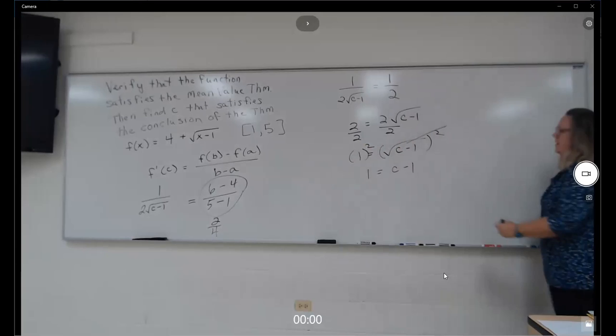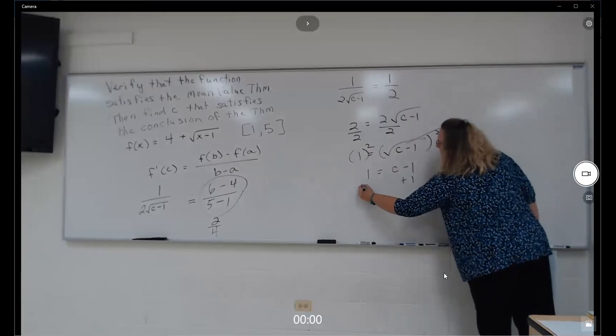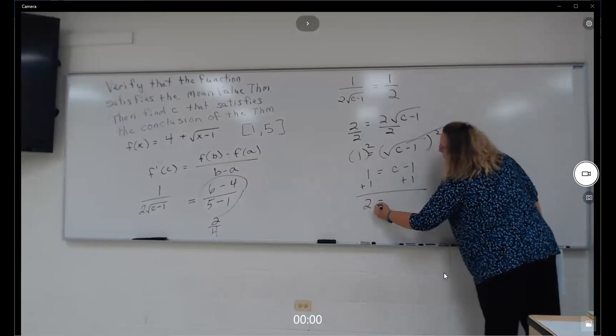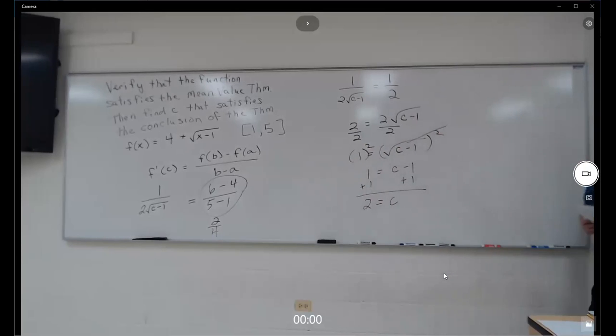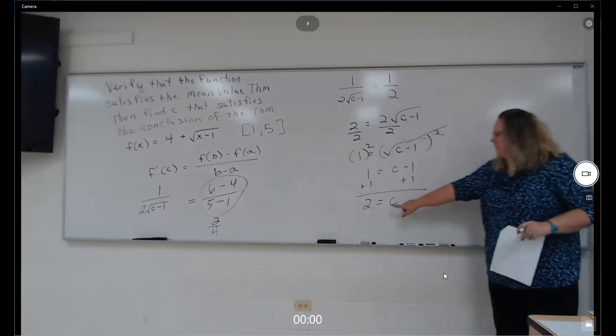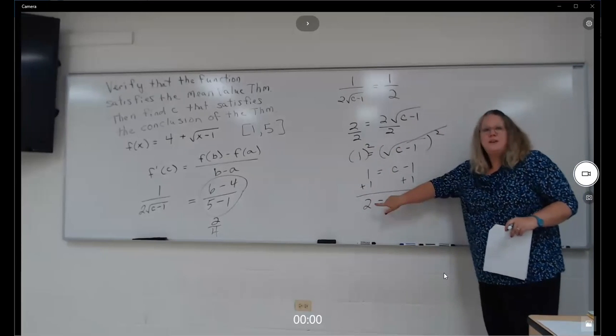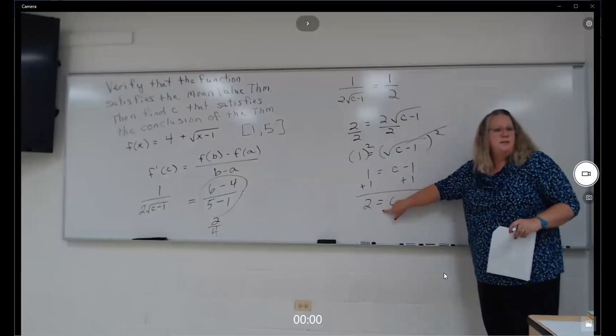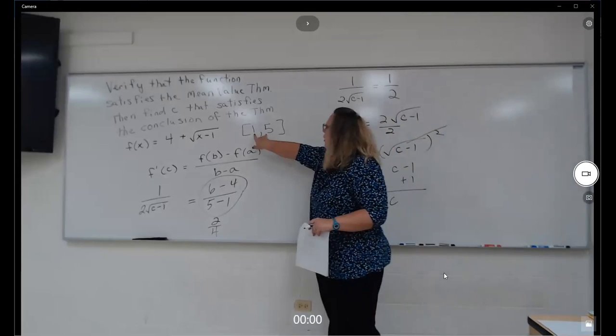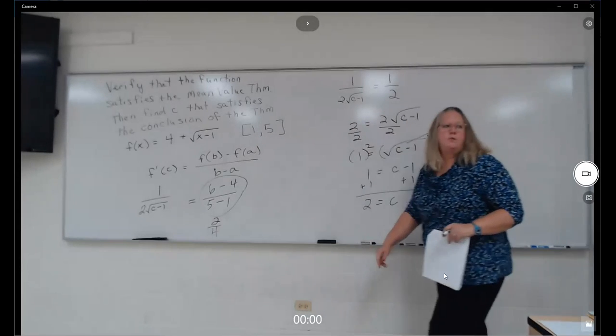And then add a 1 to both sides. Okay, was 2 our answer to our last one? Okay, so what does that 2 mean? This is the x value that has the tangent line that has the same slope as the slope of the line that goes through our endpoints.